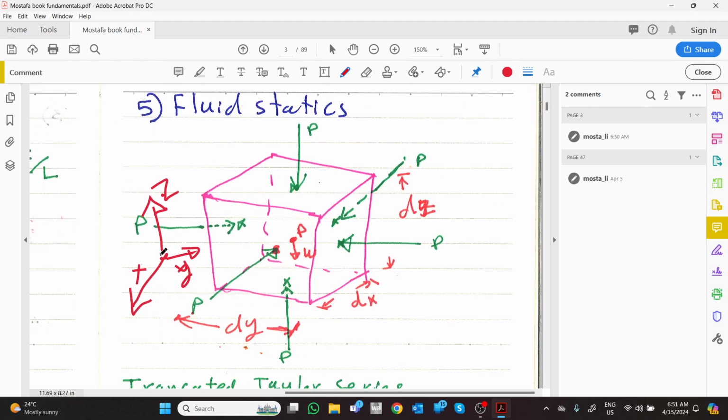In the x direction, which is like this, we have this face and this face, which means we have the back face, this one, and the front face. If I check the front face, there is a pressure acting in the opposite direction, creating a force in the opposite direction of x, so it is a minus force.